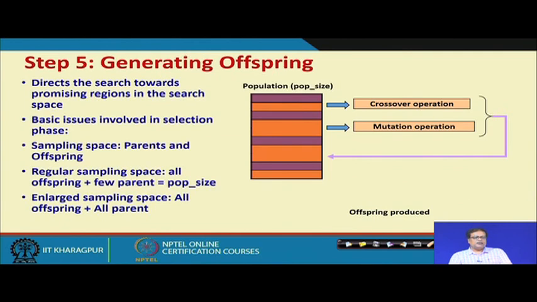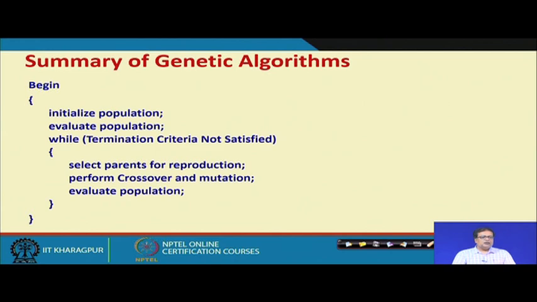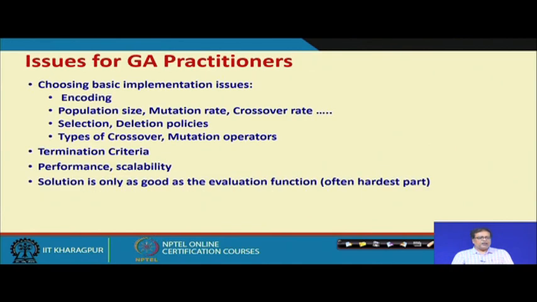So, this is the summary of the genetic algorithm: initialize population, evaluate population, while termination criteria not satisfied, select parents for reproduction, perform crossover and mutation, then evaluate population. So, this is how the genetic algorithm process goes on.